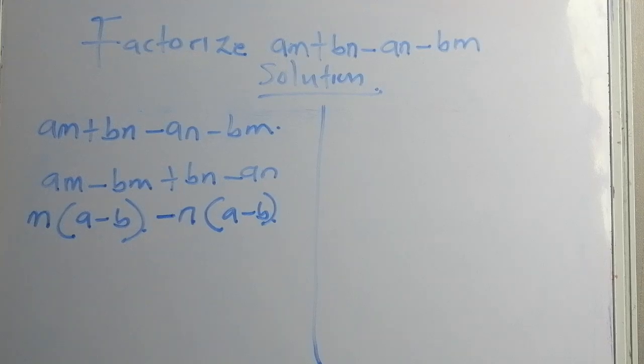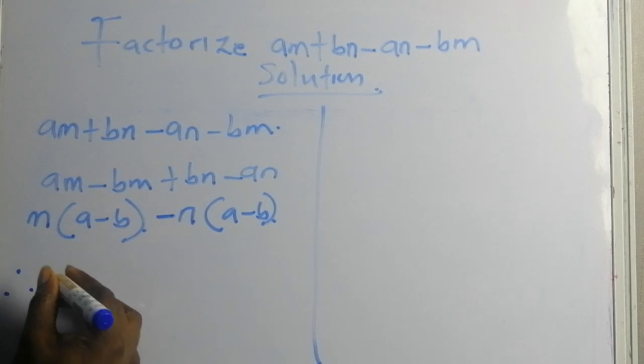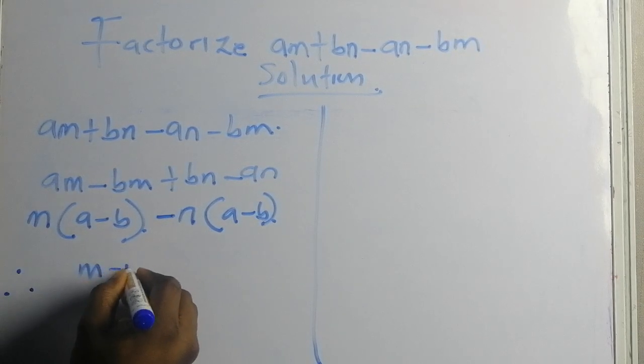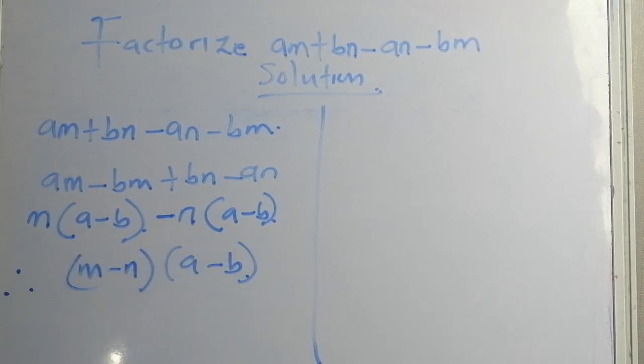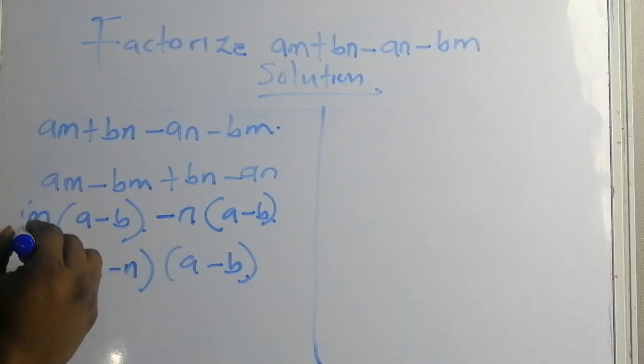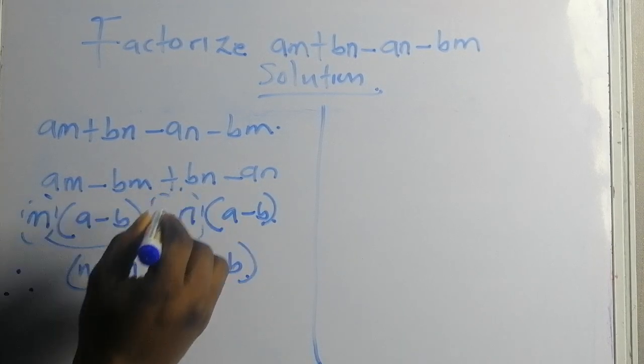It's very, very important. So at the end of the day, for factorization, I can now have m minus n, a minus b.